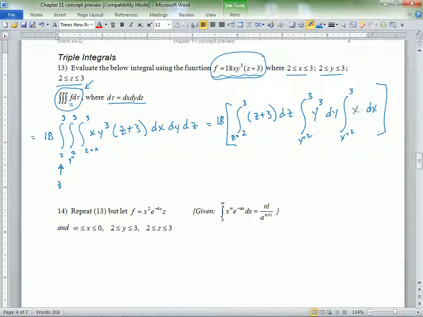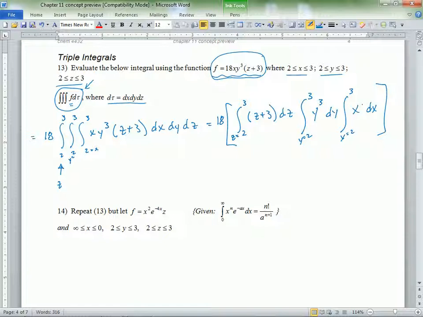Just x. If we had more stuff in there, it just needs to be somewhere. Like that 18, you can stick it wherever you want, because 18 times an area, the order doesn't matter with multiplying. But life is just easier if you pull out all constants, because we have to take antiderivatives. That's why I like pulling all the constants out.